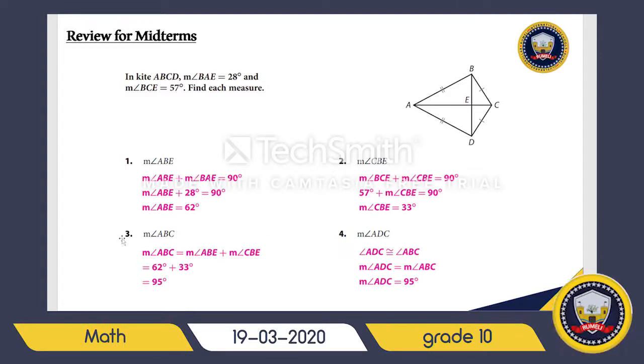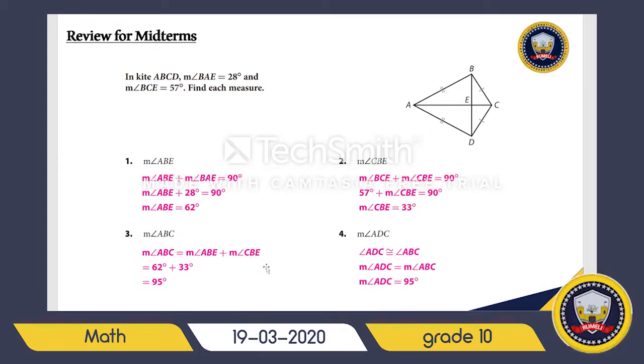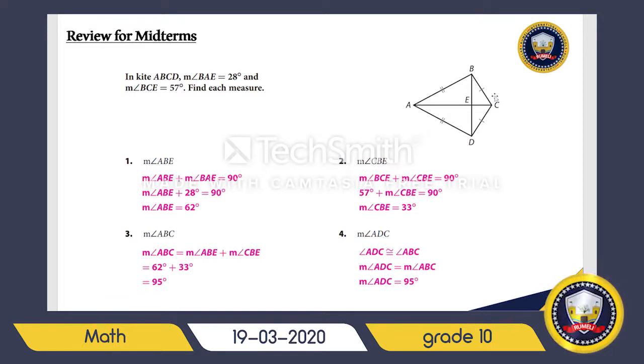Number 3, what is the measure of ABC? ABC, this total angle, is the angle ABE plus the angle EBC. ABE was found 62. CBE was found in part 2 as 33. So their sum is ABC, which is 62 plus 33, which is 95.